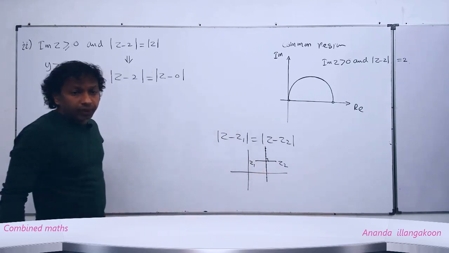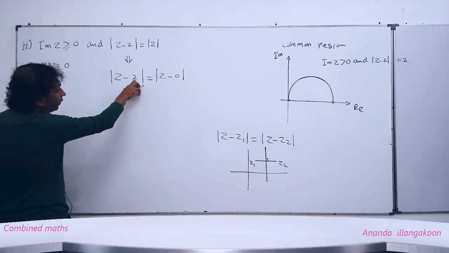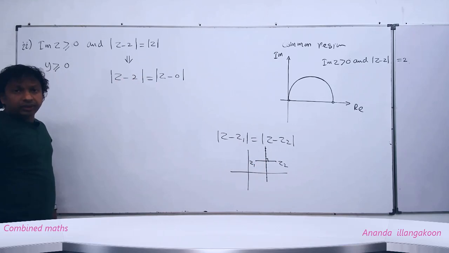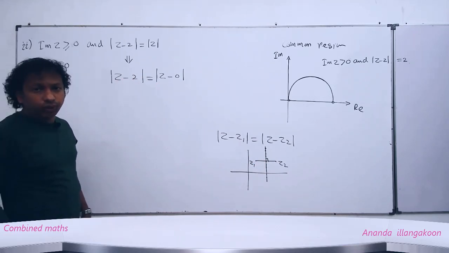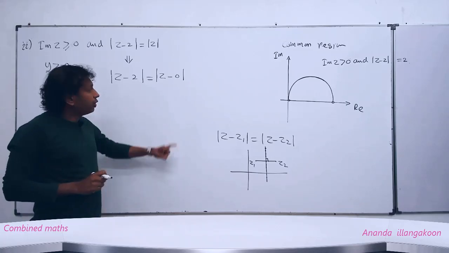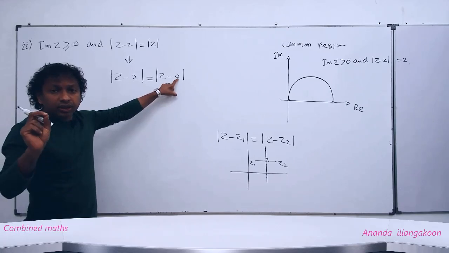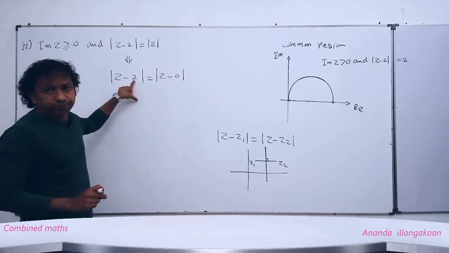Okay, like that. Here you can very easily see this z should lie on the perpendicular bisector of the line segment joining the points corresponding to the complex numbers 0 and 2.